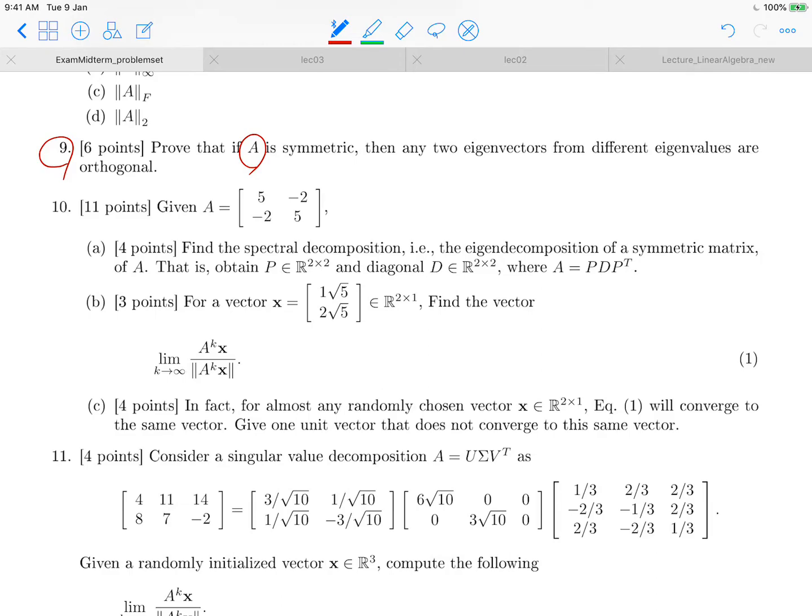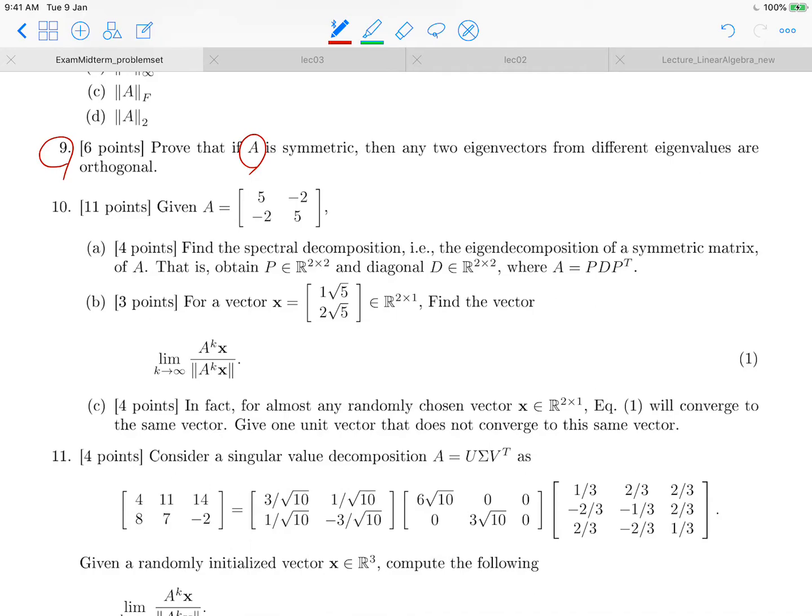We at least need the square matrix assumption because we talk about eigenvectors and eigenvalues, right? If we choose different eigenvalues and their corresponding eigenvectors, then these eigenvectors are linearly independent.